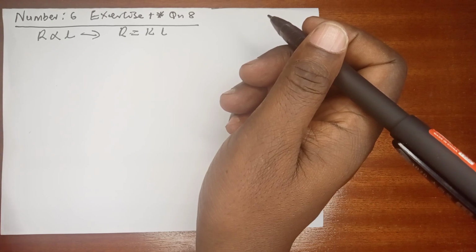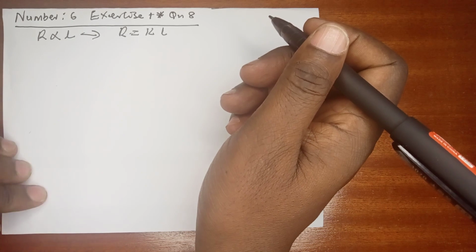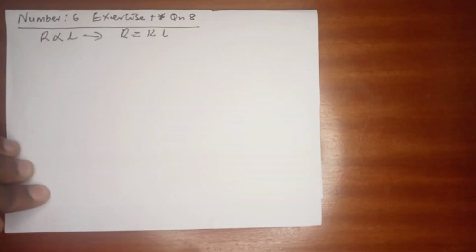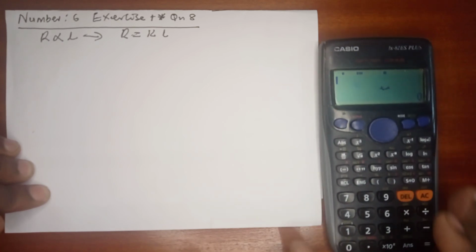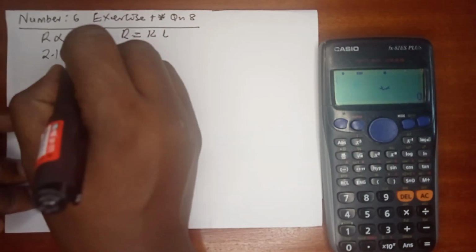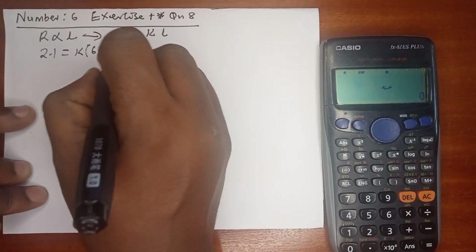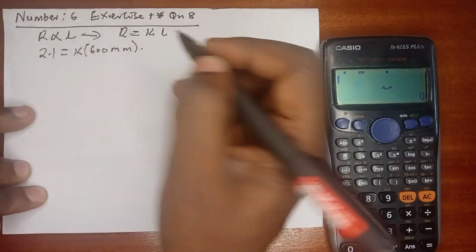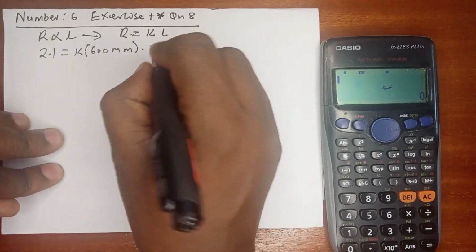A piece of wire 600 millimeters long has a resistance of 2.1 ohms. So 2.1 is equal to K times 600 millimeters. To get the value of K, we must divide both sides by 600.